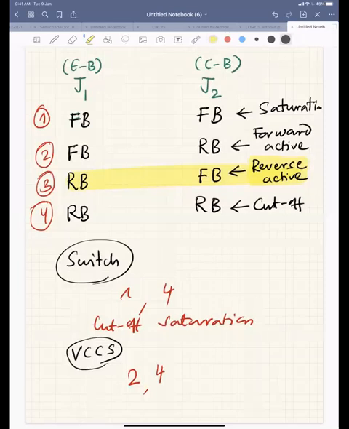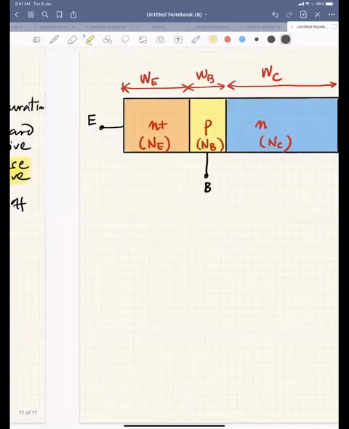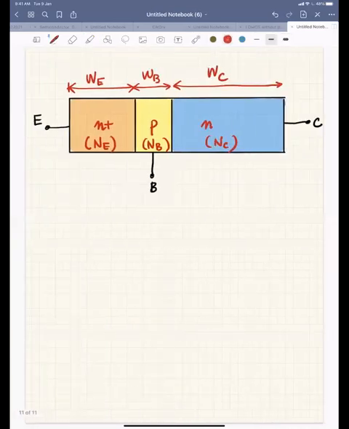Okay, so in the beginning, we'll discuss forward active mode of operation. Again, I'll make this correction here because we decided that we'll use this as the emitter thickness, this is the base thickness, and this is the collector thickness.